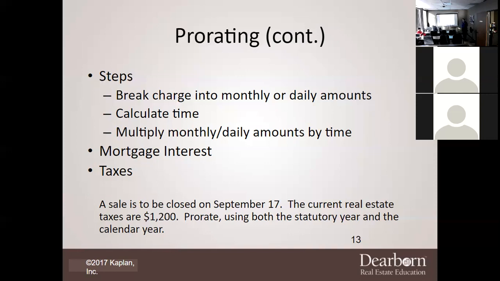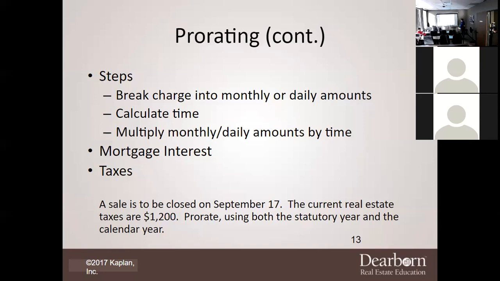Well, 1,200 divided by 12, Mr. Eugene's what? $100. And Aiden had it till September 17th. Well, how many full months did Aiden have it for, though? 8. So 8 times what? 8 times 100 is $800.